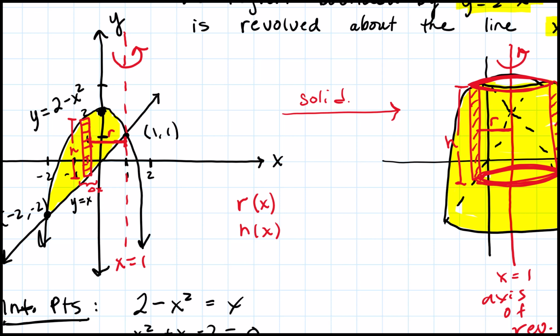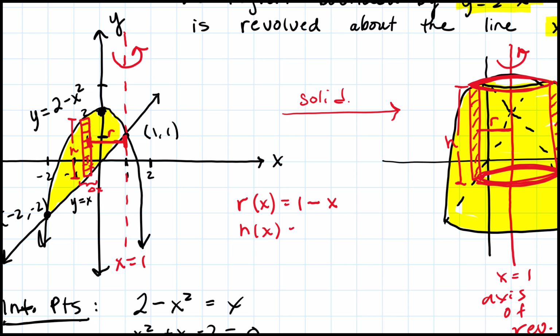So wherever we're at, whatever x value we're at right there, when we take that little slice parallel to that axis of revolution, we take that little rectangular slice and we spin it around that axis of revolution, wherever we're at on the x-axis right there, to find that radius, we actually have to start at 1 and subtract wherever we're at on the x-axis. So the radius becomes 1 minus x from the axis of revolution, which is at a fixed value of 1, minus where we make that rectangular slice that we're going to spin around.